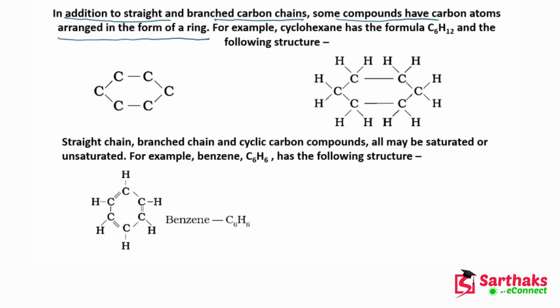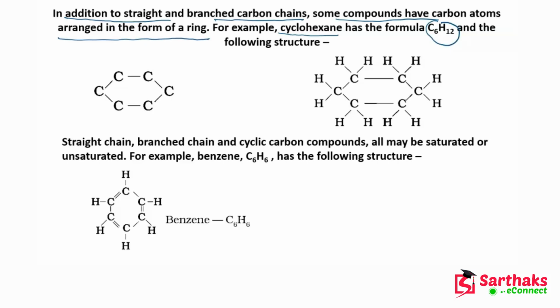Apart from the chains and the branches, there are rings as well. We will call them cycloalkane or cycloalkene. We take the example of C6H12.